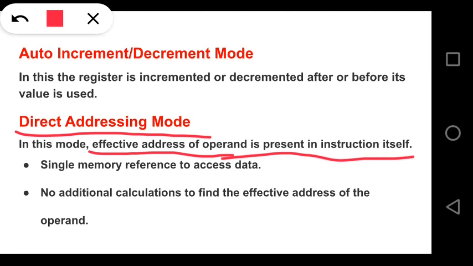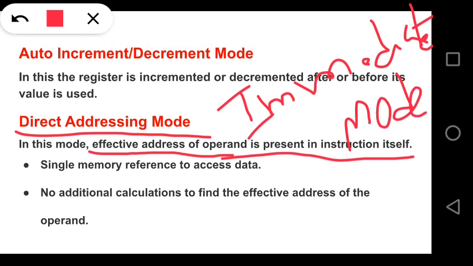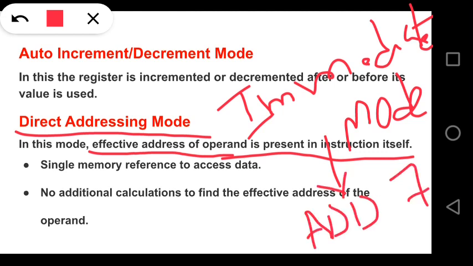This is similar to immediate mode, we can correlate with immediate mode. The immediate mode contains the actual value in the instruction itself, as we said, add 7. So 7 is the actual value that is readily available in the instruction.